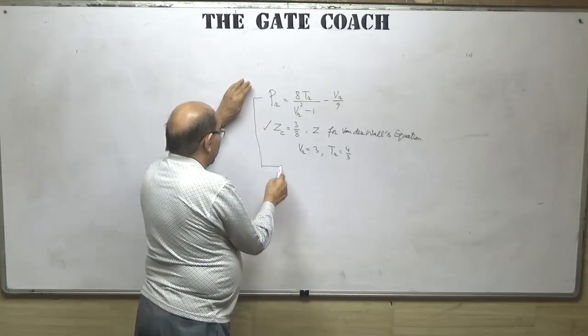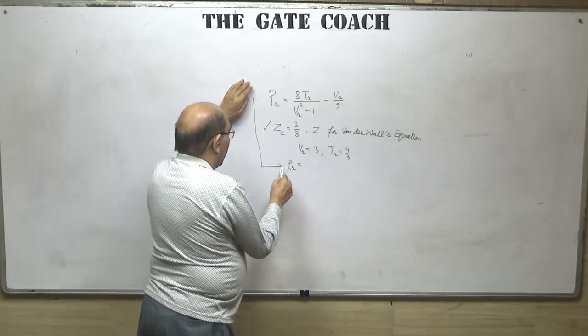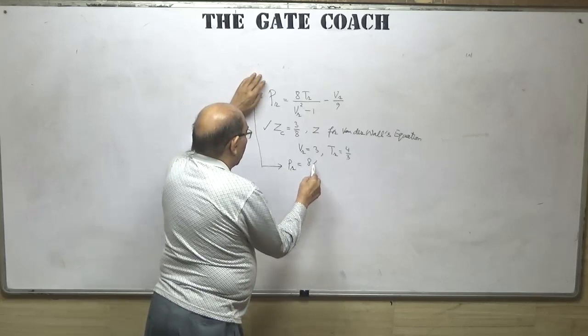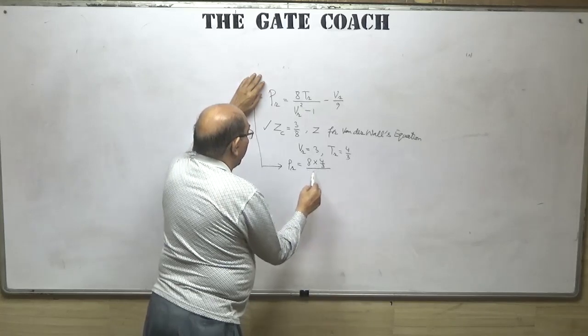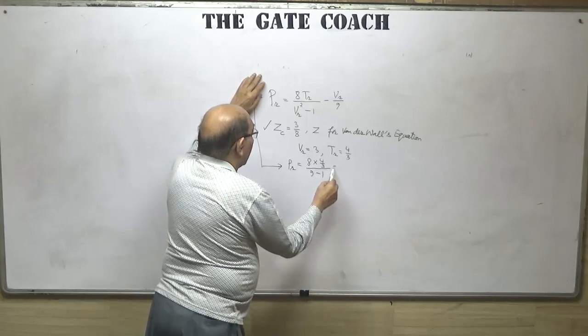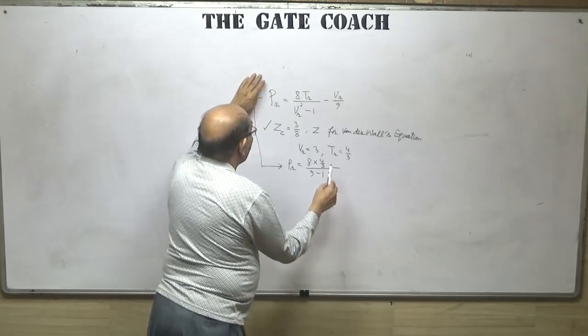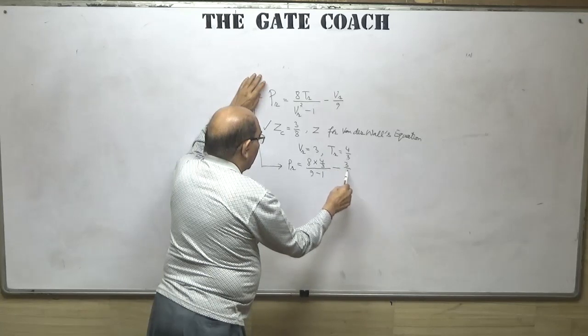So, question seems to be very simple. Pr, the reduced pressure: 8 into Tr, 4 by 3, upon 3Vr minus 1, which is 9 minus 1, minus 3 upon Vr square, which is 3 upon 9.